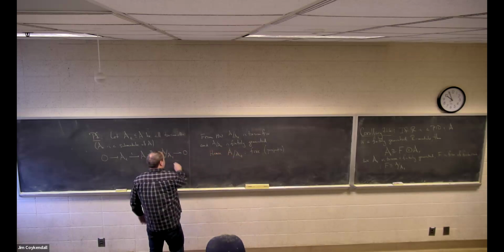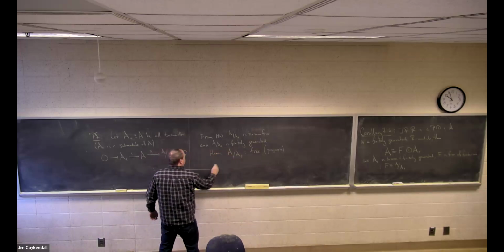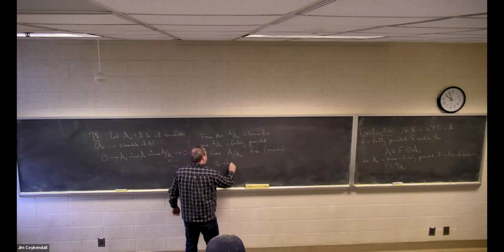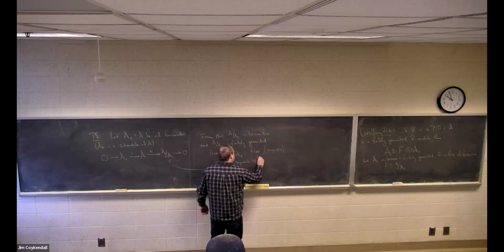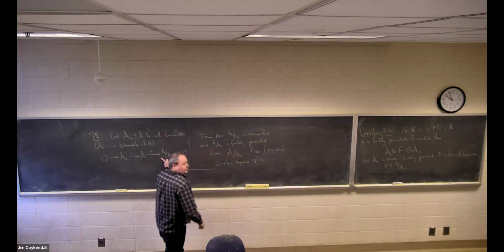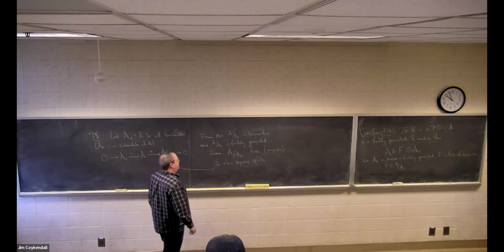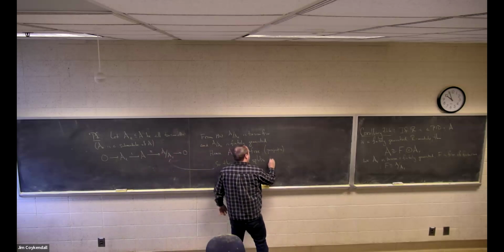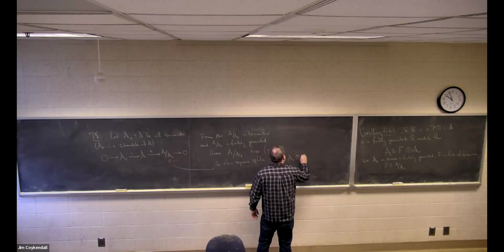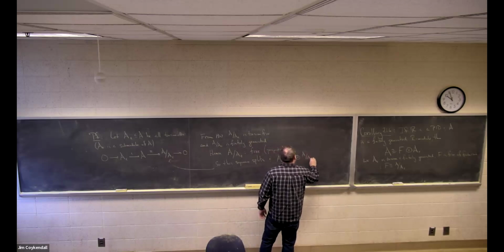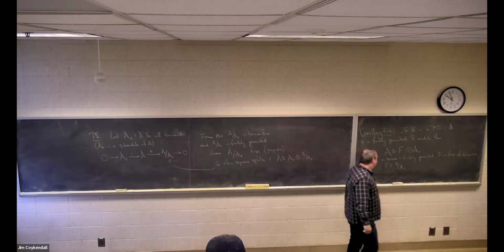So this sequence splits. That thing's free, so it's projective, the sequence splits, and A is isomorphic to A-torsion direct sum A mod A-torsion. And there's your free part.